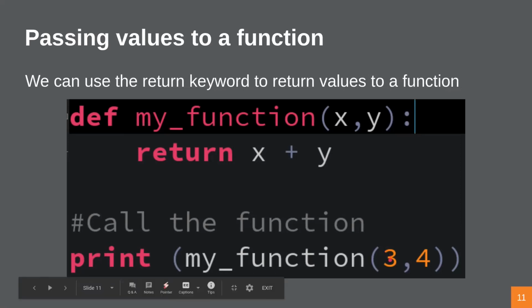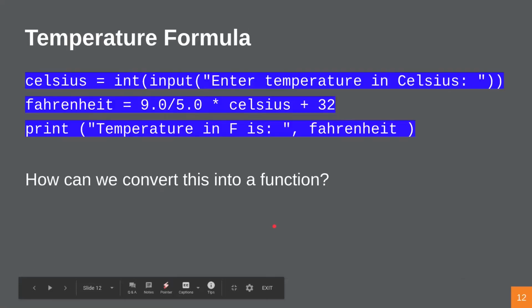So this 3 here is going to be substituted into here, into the position of x, inside the body of this function, and the same with 4 into the y position. Then the function will take the value of x and y, and it will return x plus y when we call the function.